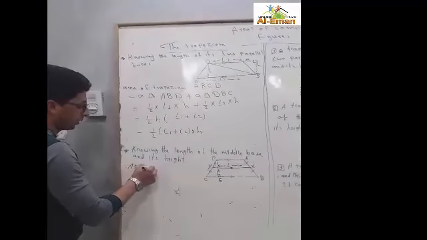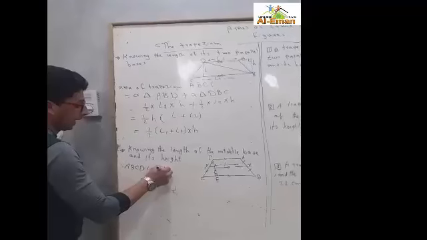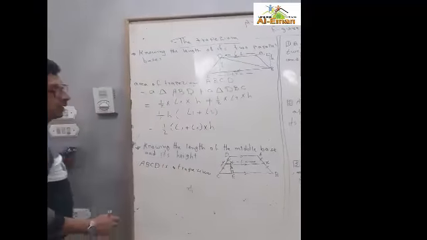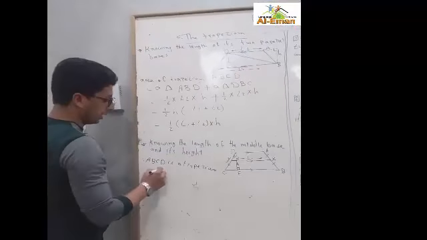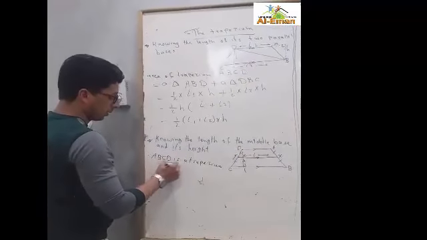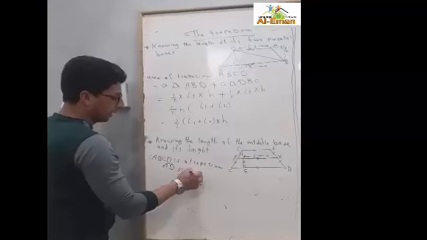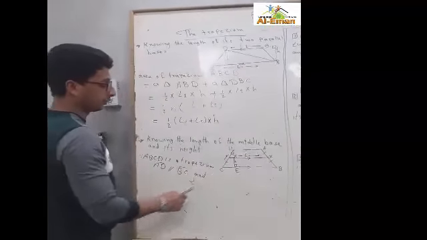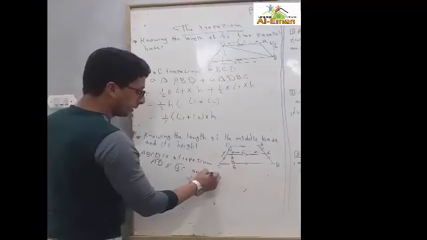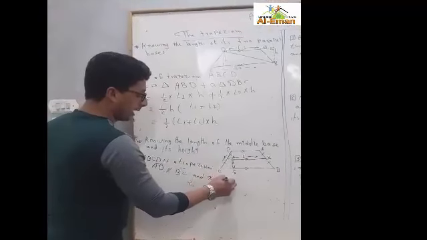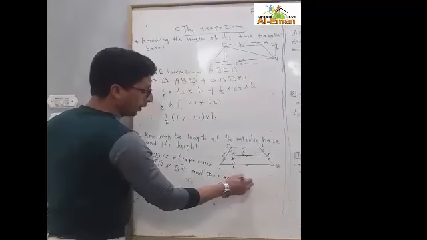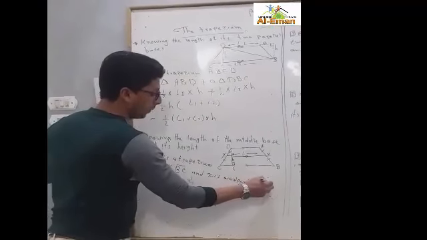ABCD is a trapezium where AD is parallel to BC, and X is the midpoint of AB.